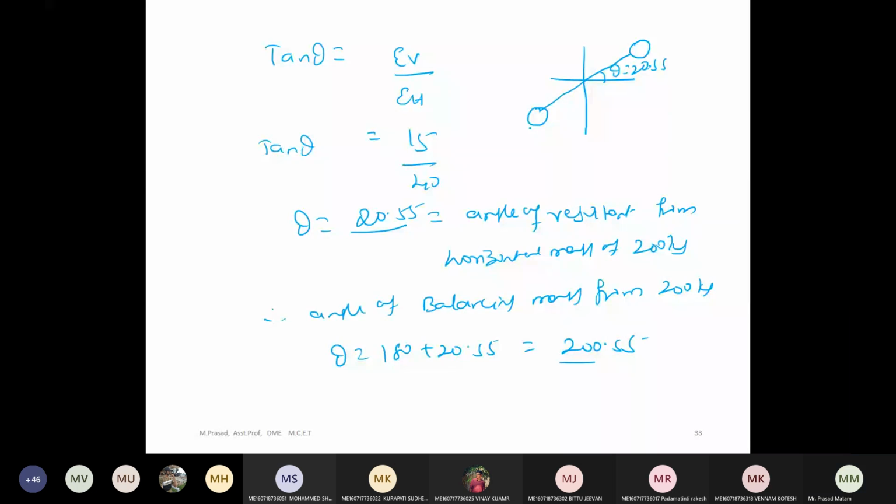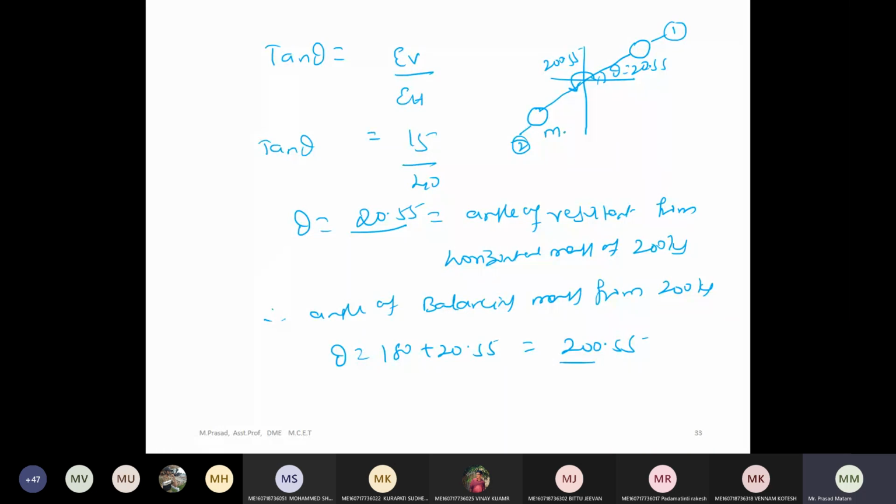This is my balancing mass, and this total angle is 180 plus theta, that is 200.55. Okay, this is one possibility, and this is the second possibility. Either in the first quadrant I can keep, or in the third quadrant.